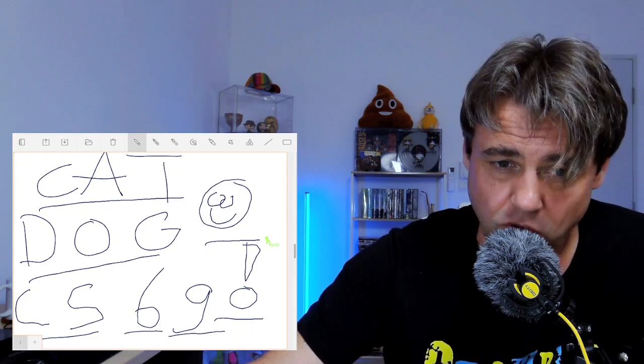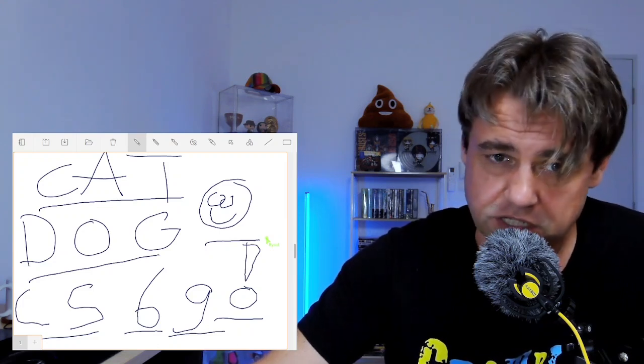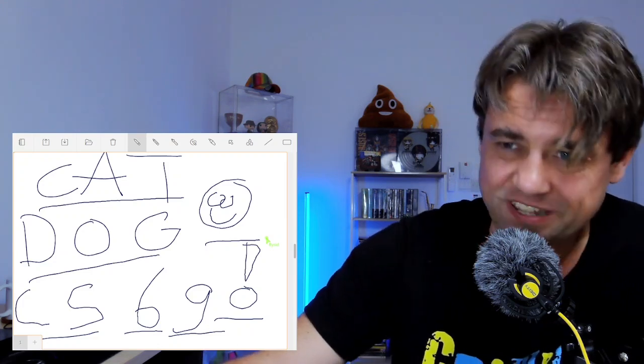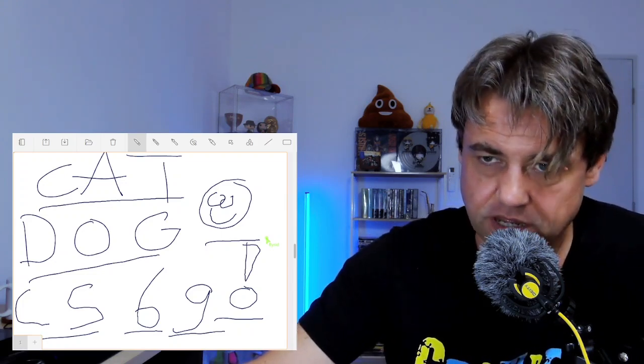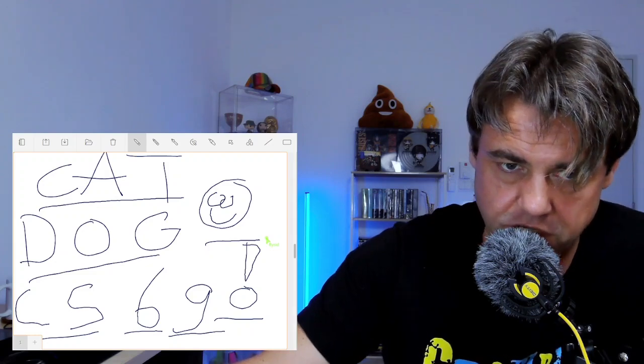So cat, dog, computer science, 6, 9, exclamation mark and smiley is all data. No meaning is attached to it, at least not in the first stage.